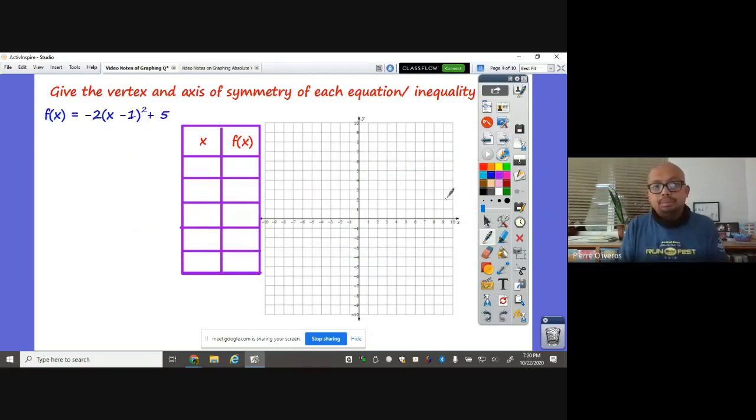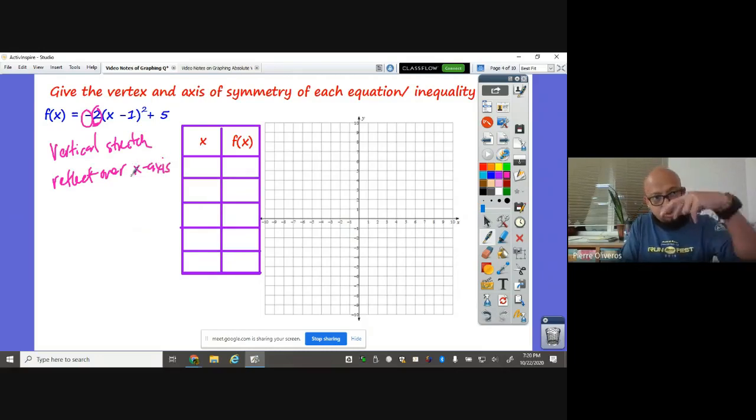Okay, moving on. So this time we have a value of negative 2. First we know it's going to be a vertical stretch because of the 2. The negative tells us it's going to reflect over the x-axis.